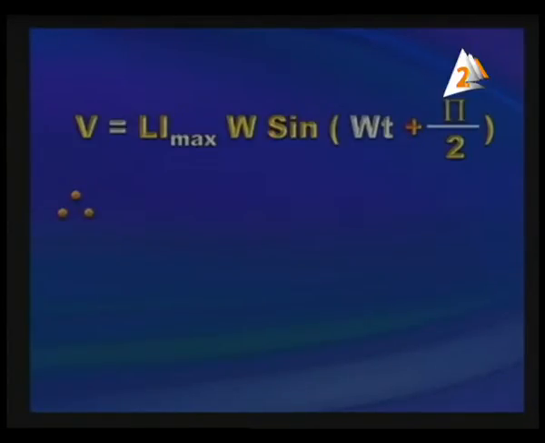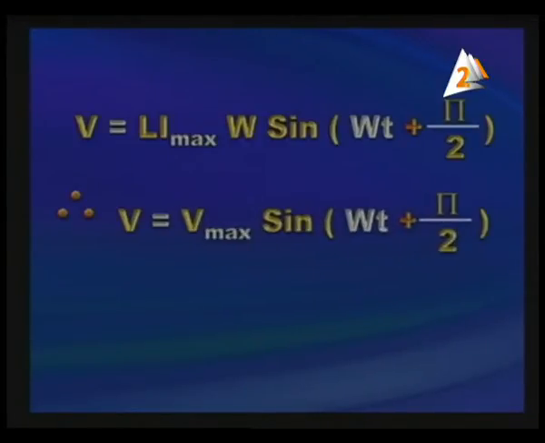Okay. Why did we do this particular thing? To compare the two phase angles. The phase angle of the current is omega t, phase angle of the voltage is omega t plus pi over 2. Okay, so we can say V is equal to V maximum sine between two brackets omega t plus pi over 2.